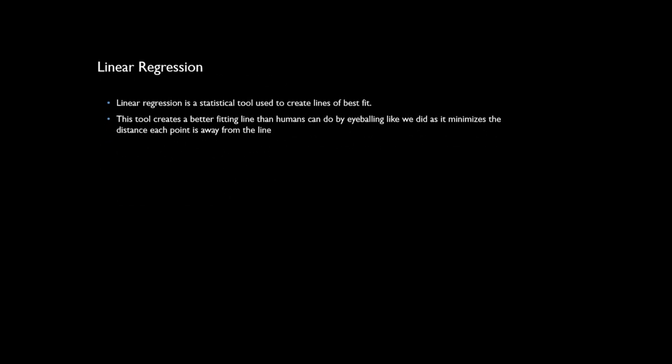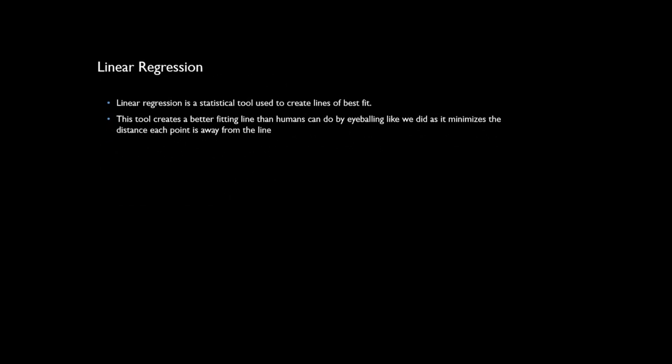This process generally creates a better fitting line than humans can by eyeballing it. If I had picked different points, I get a different line, and my line may not be the best fit. What linear regression does is it wants to minimize the distance each point is away from the line.